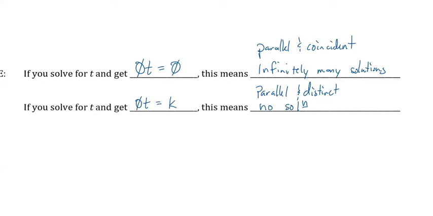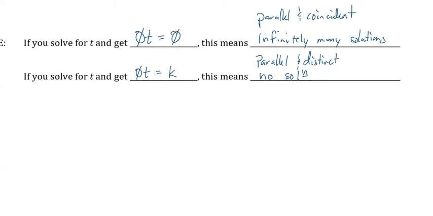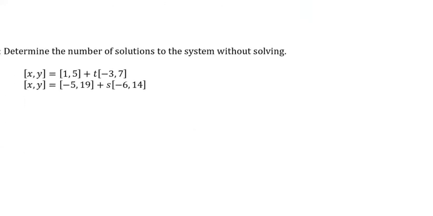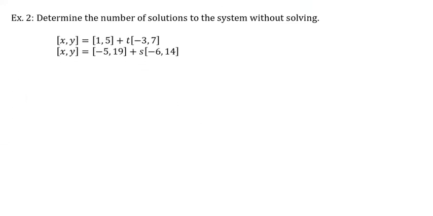However, example 2 is going to demonstrate to us that if you do these questions correctly and you actually think about it, you'll never get either of those situations. In this case, there are other cases moving forward where you would. In this case, when we're talking about lines intersecting lines, I'm going to say if you do it right and you actually think, you'll never get 0t equals 0.